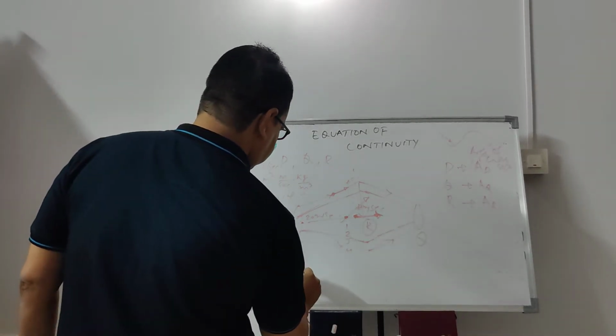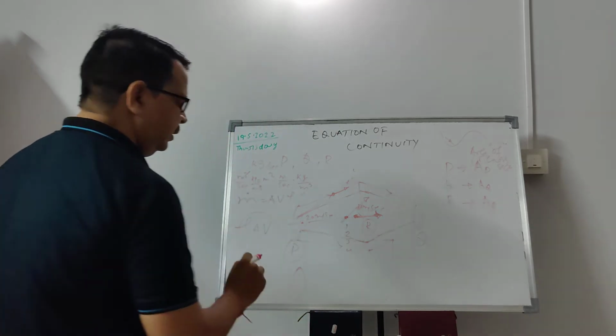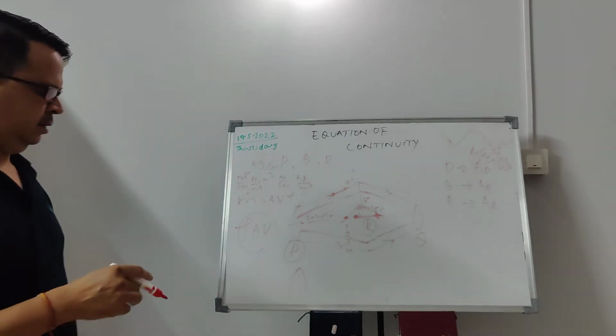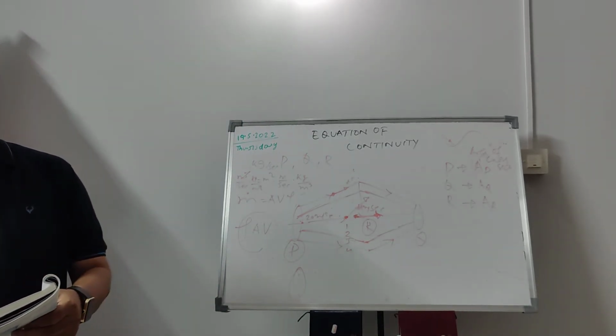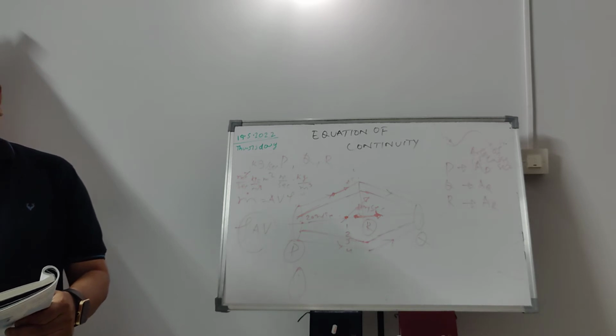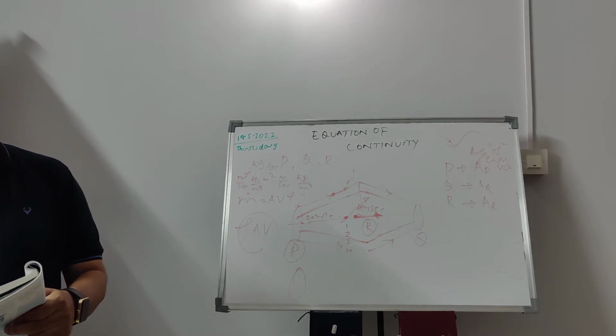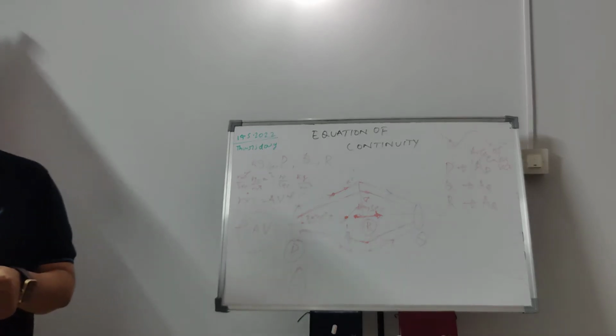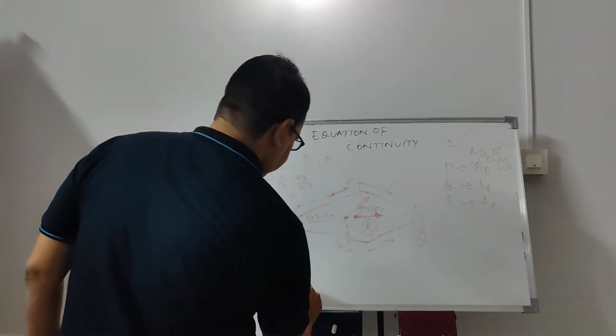Suppose this is my cross section, and my velocity is this.